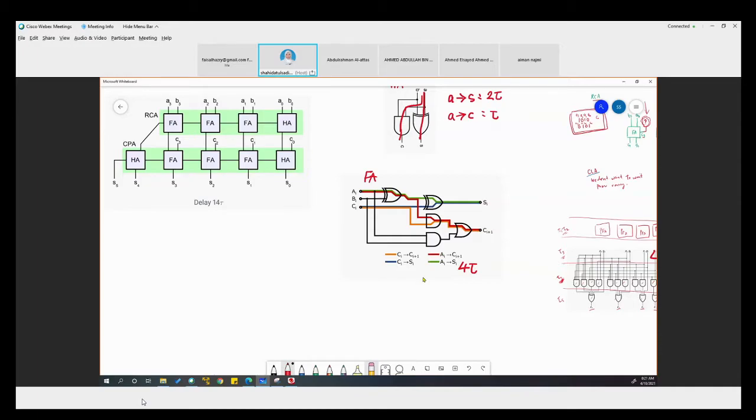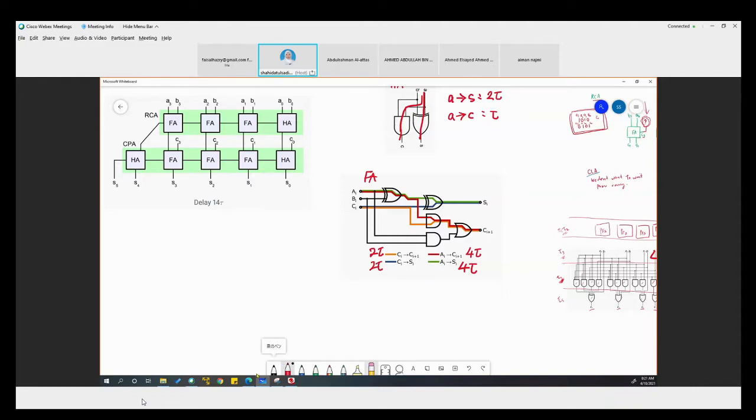From A to C is 4 tau because we go through 1 XOR and then another 2 gates. And then from C to C is just 2 tau. And from C to S is 2 tau.